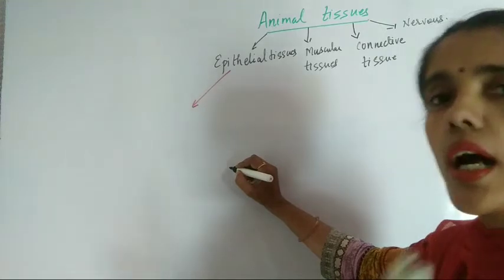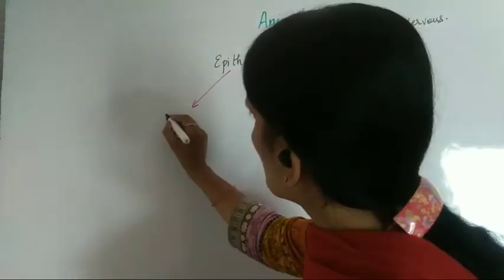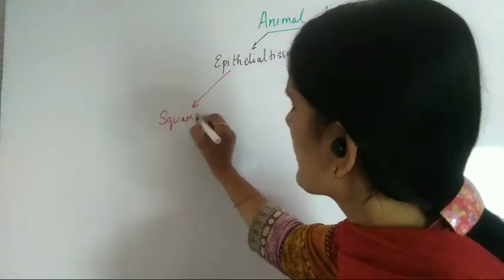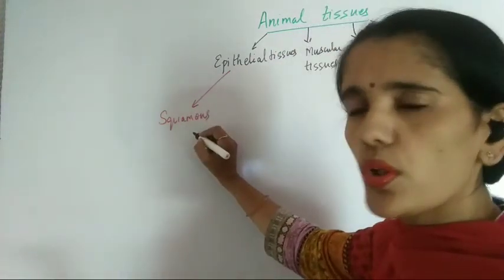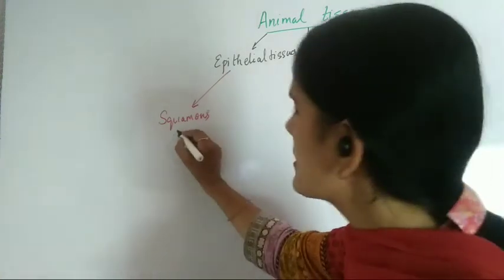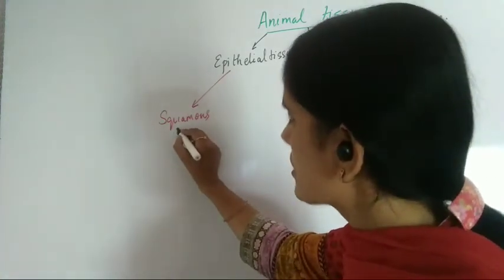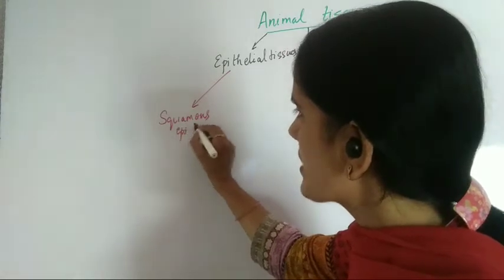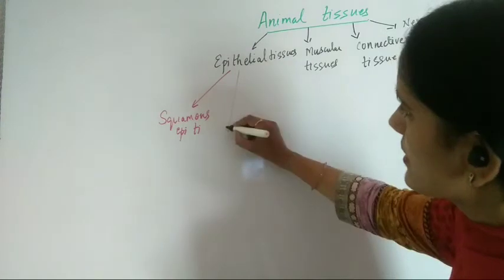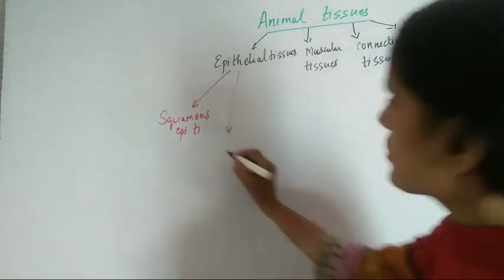Okay, so epithelial tissues are further divided into squamous tissue. Squamous tissue, by name itself it is clear that it is square in shape. It is known as squamous epithelial tissue. Next one is cuboidal tissue.